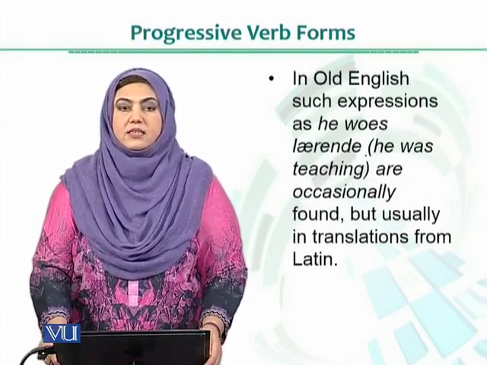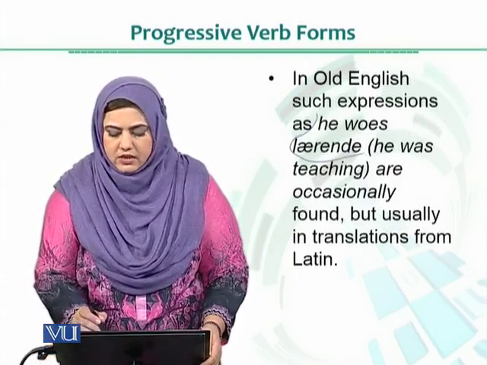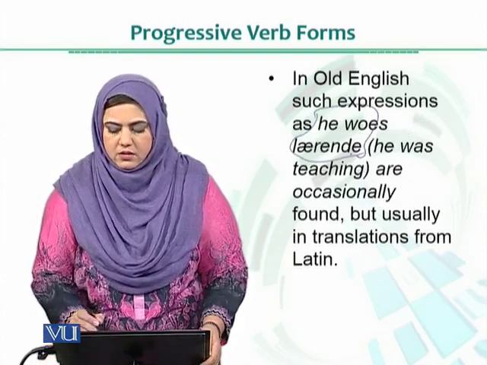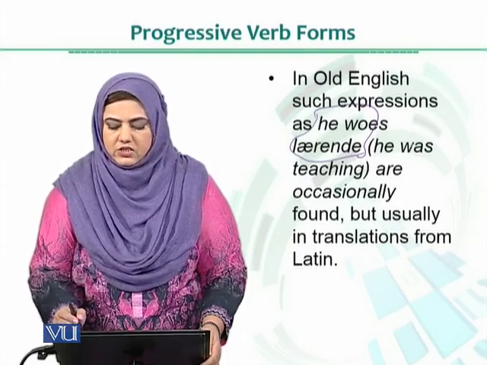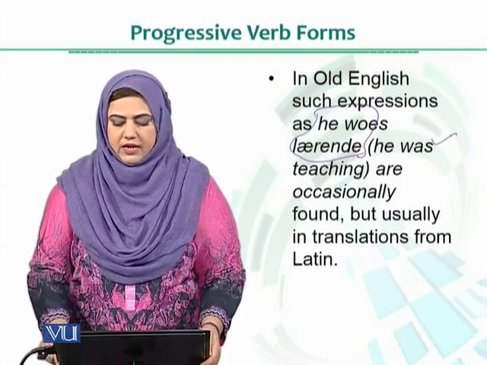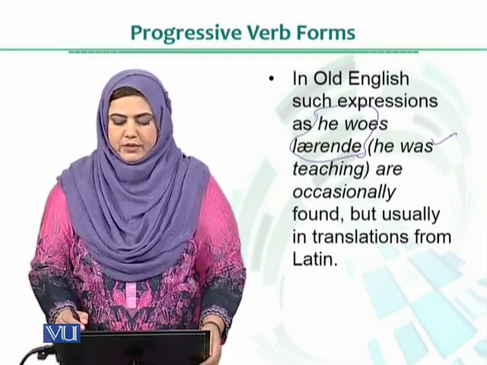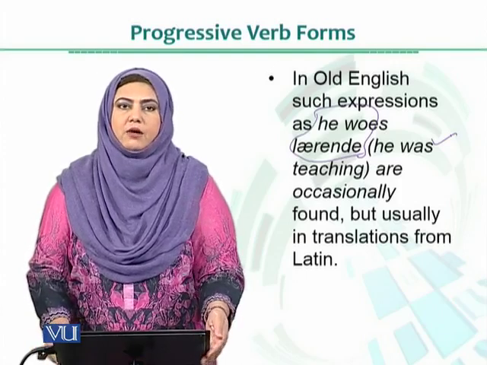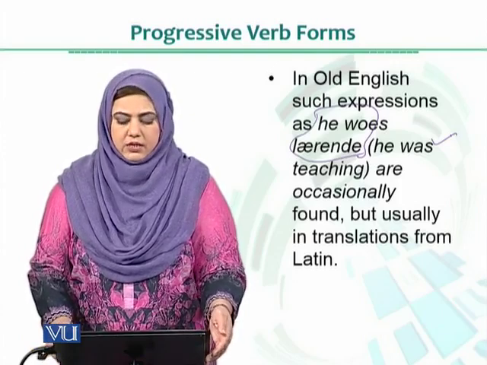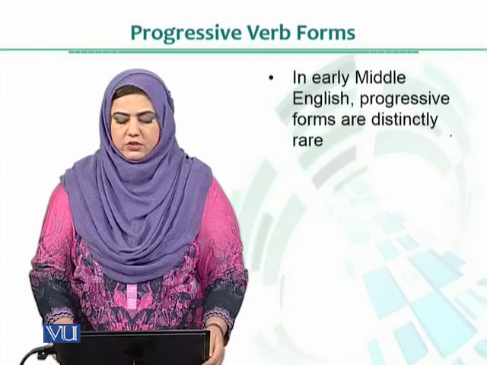In Old English, expressions such as this one, he was learned, he was teaching, this is the modern version of that, are occasionally found, but we do not find them very frequently. They are either very rarely found, or even if they are found, most of the time they are in translations from the Latin language.